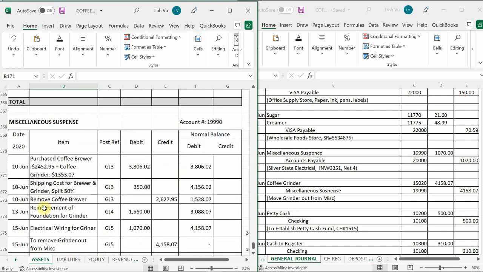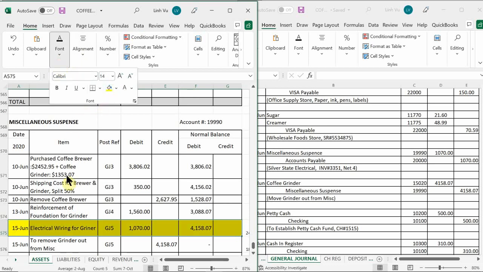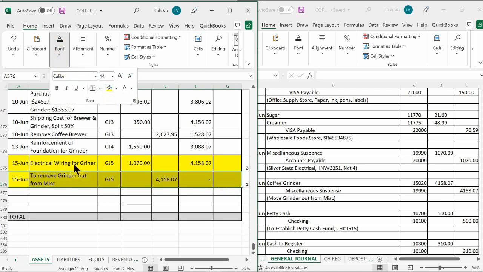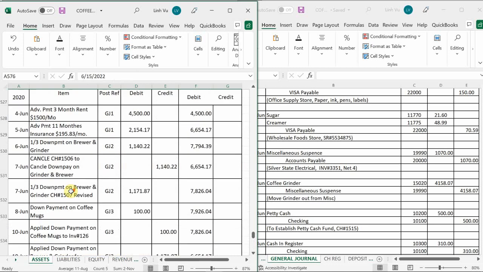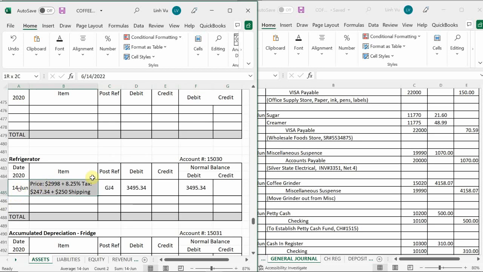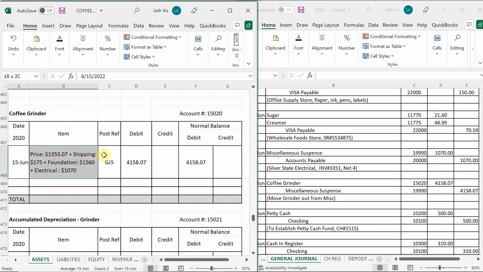On the 15th, we received it for the 1070, which increased my miscellaneous suspense. I subtracted out my miscellaneous suspense for the 41.58 and moved it to my coffee grinder account right here. I did debit my account for the 41.58.